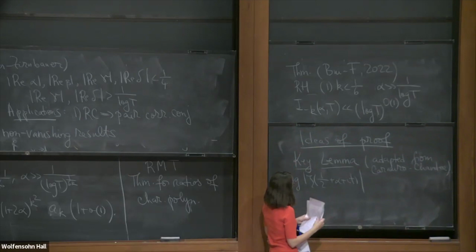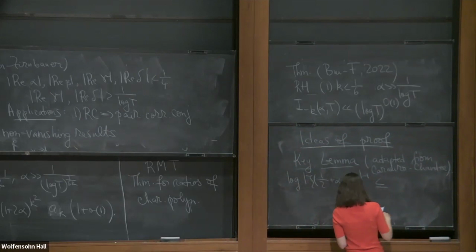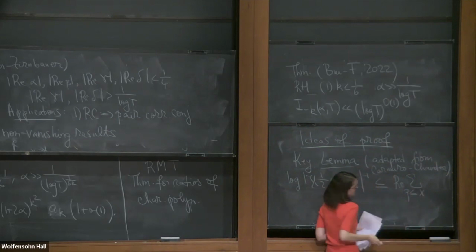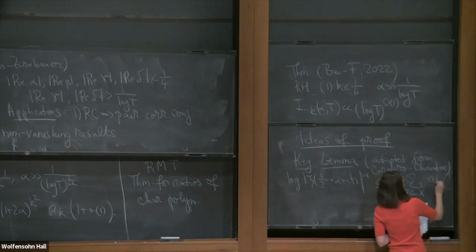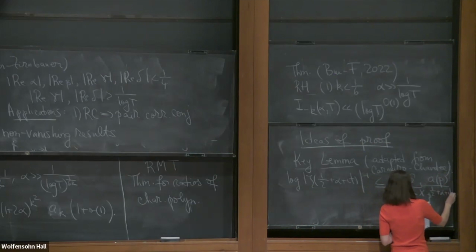So looking at log of zeta inverse, this is less than or equal to the real part of a sum over the primes of size up to x, and we have flexibility in how we choose this point x. We have some coefficients a of p, you can think of them as being 1, e to the 1/2 plus alpha plus it.